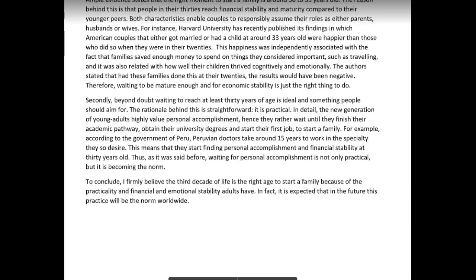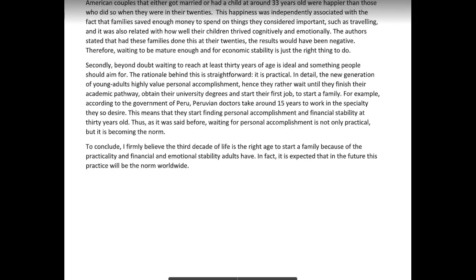Okay? Secondly, beyond doubt, waiting to reach at least 30 years of age is ideal and something people should aim for. The rationale behind this is straightforward. It is practical. In detail, the new generation of young adults highly values personal accomplishment.